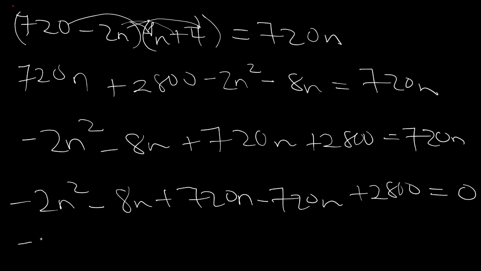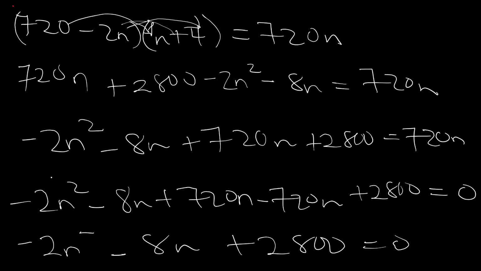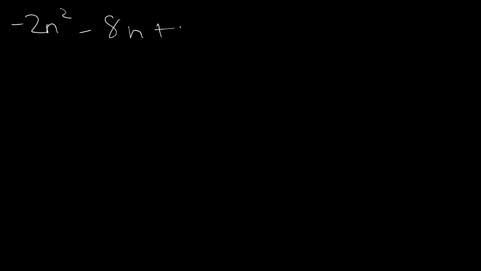So we have negative 2N squared minus 8N plus 2880 is equal to 0. Now dividing both sides by negative 2.